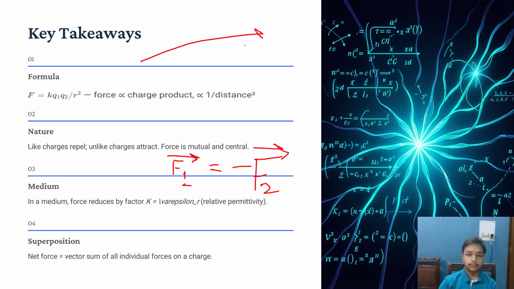Suppose this is a charge Q1 and this is the charge Q2. This is the F1 vector, and this is the F2 vector.